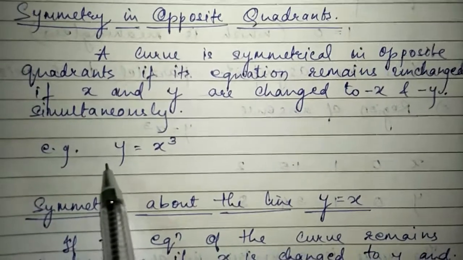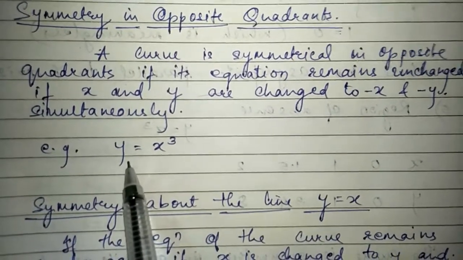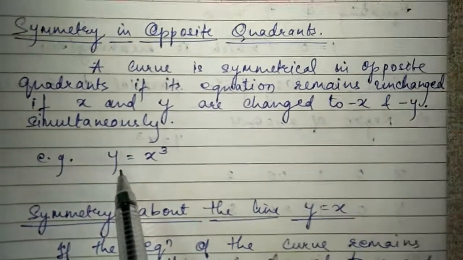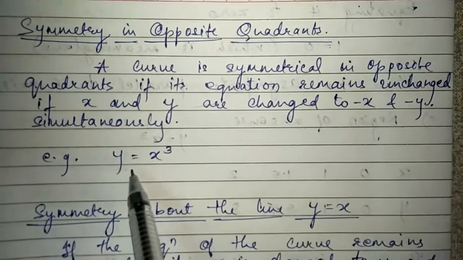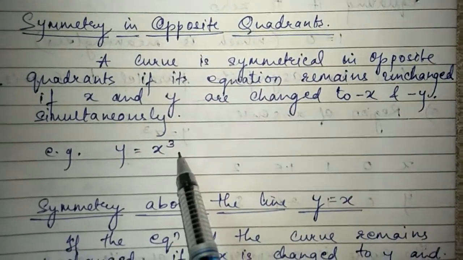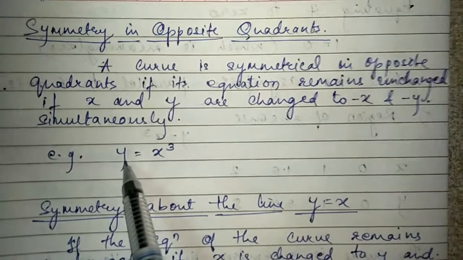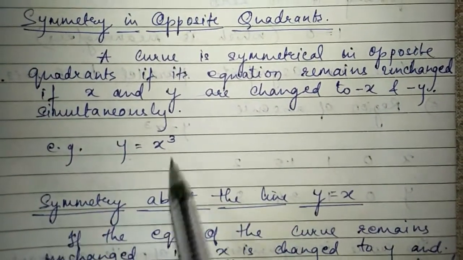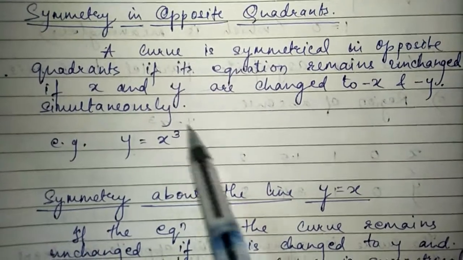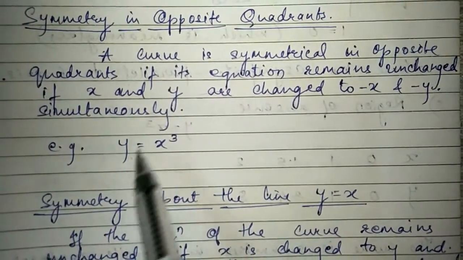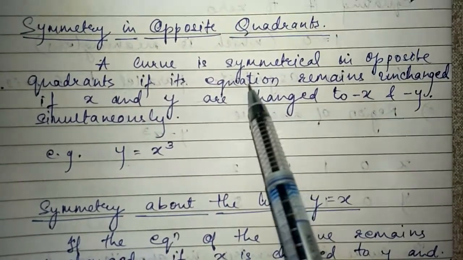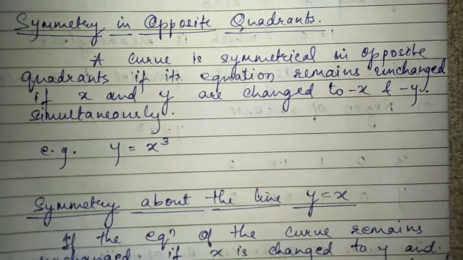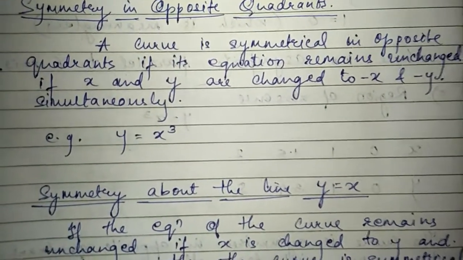That means, suppose you have this equation of the curve, y is equal to x cube. You replace y with minus y and x with minus x simultaneously, and if the equation remains unchanged, we can say that the curve is symmetric in opposite quadrants.